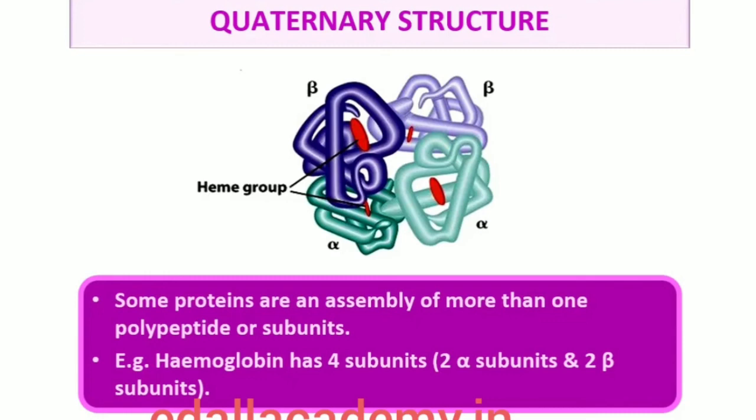Adult human hemoglobin consists of 4 subunits. 2 subunits of alpha type and 2 subunits of beta type together constitute the human hemoglobin. Try to remember, some proteins are an assembly of more than one polypeptide or subunits.